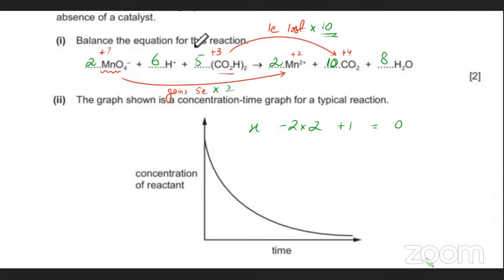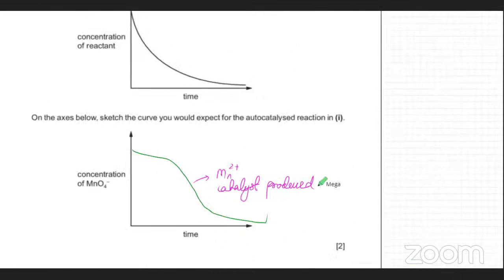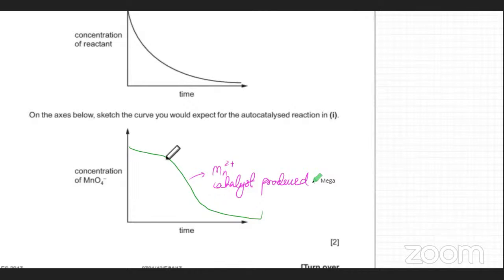So the concentration of MnO4- ions would barely change. The gradient of the graph would be very shallow. But then the Mn2+ catalyst starts getting produced and the reaction starts speeding up. Is that clear?